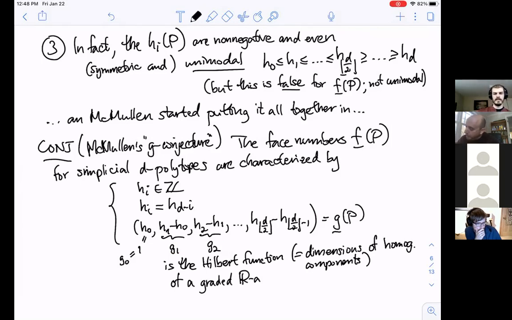That's just a ring whose degree 0 part is a copy of the field R, generated in degree 1.